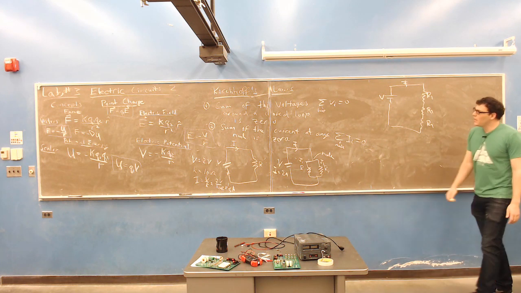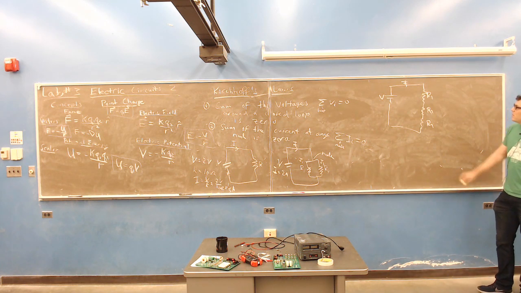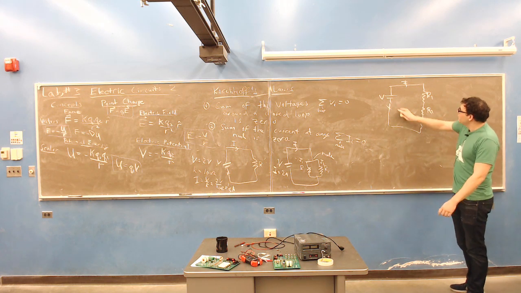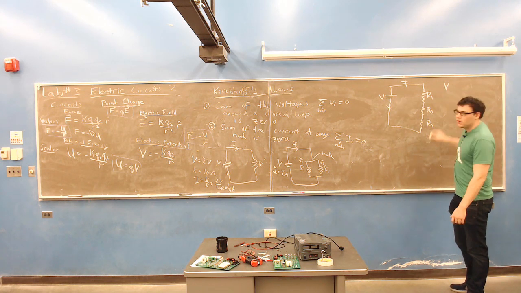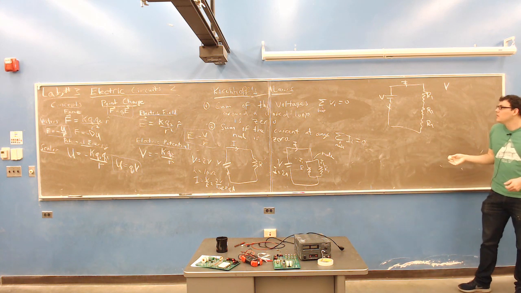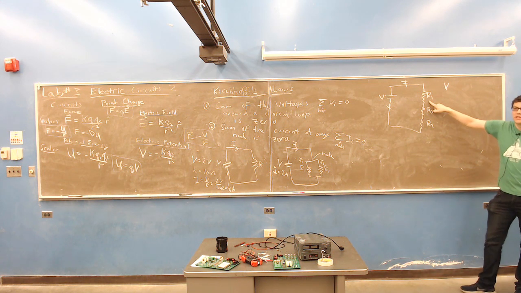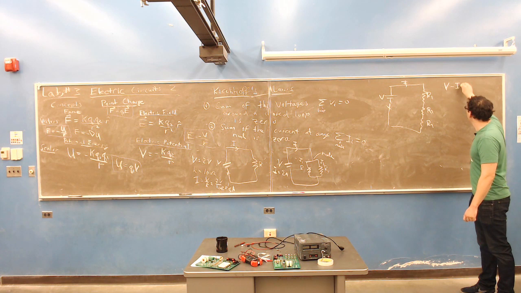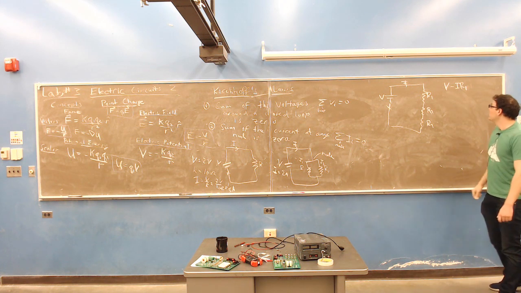So what do I do? I add them up, right? Well, let's start over here at the battery. So the first thing I'm going to hit is the battery. It's V, maybe 2 volts, whatever it is, it's V. And then I'm going to get to the first resistor. What is the voltage drop across the first resistor? Well, it's something, right? But we can use Ohm's law and say that it's minus I R1.